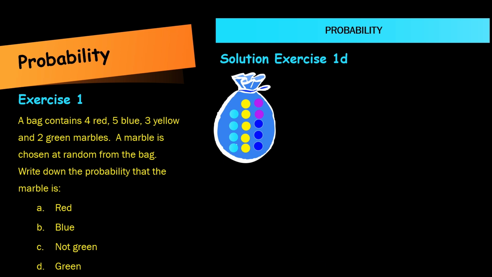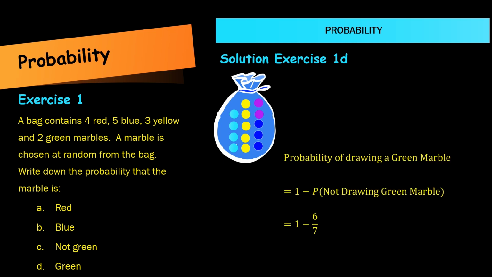And now for part D. Write down the probability that the marble is green. The probability of drawing a green marble can also be written as 1 minus the probability of not drawing a green marble, which is equal to 1 minus 6 out of 7 from part C, which equals 1 out of 7.